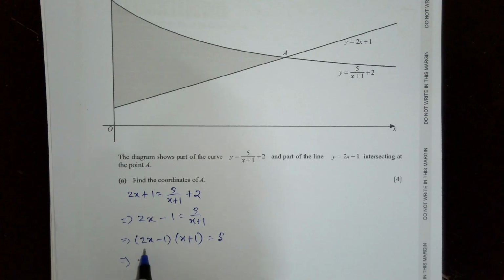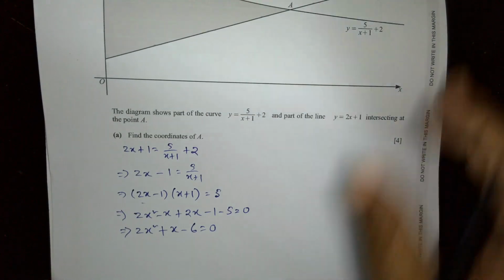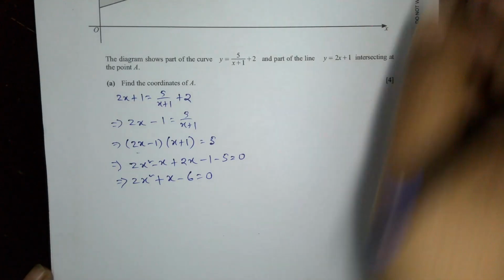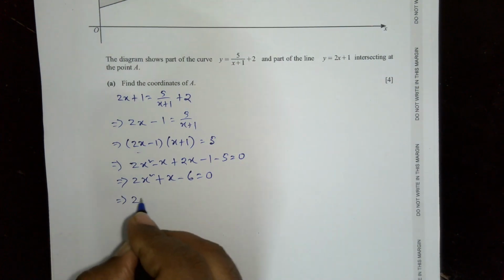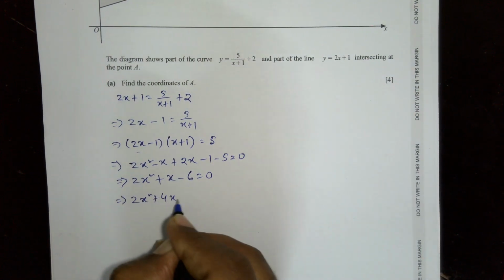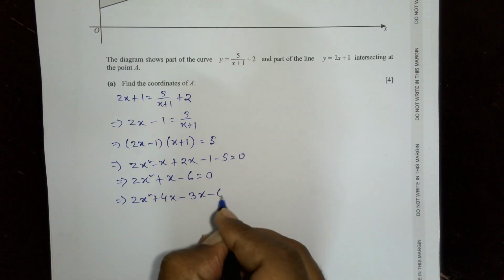Now expand this. We will get 2x squared minus x, plus 2x minus 1, and then minus 5 equals 0. So now we will have 2x squared plus x minus 6 equals 0. If we do the middle term factorization, I will have 2x squared plus 4x minus 3x minus 6 equals 0.